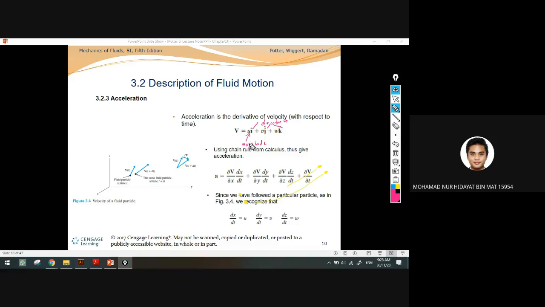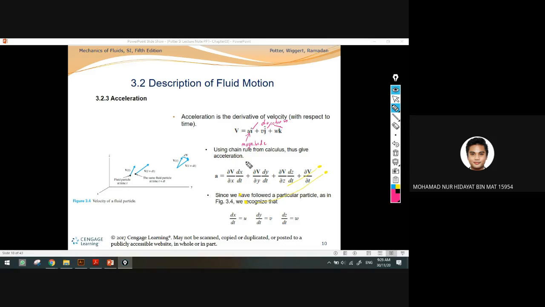So the velocity vector considers both magnitude and direction. When someone asks you where the magnitude is: U, V, and W. Direction is I, J, and K. So now you understand, yeah?